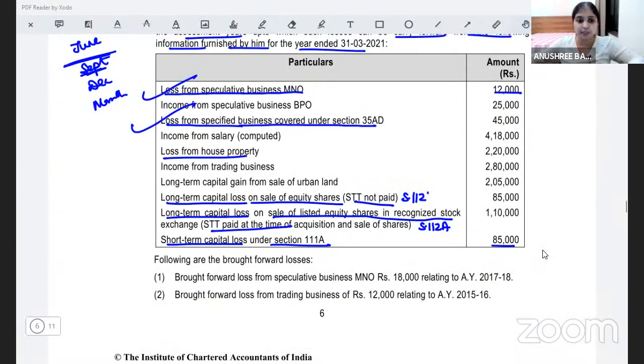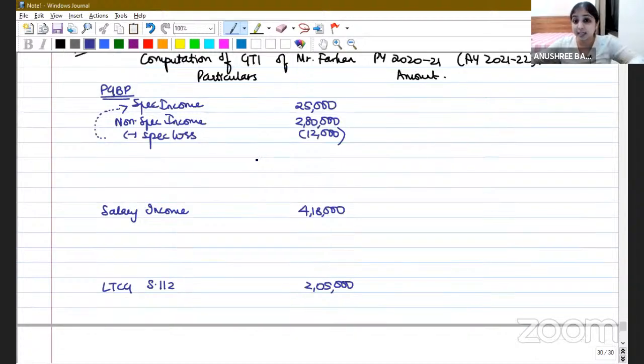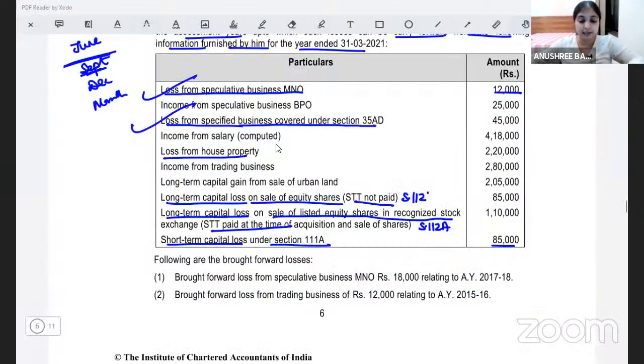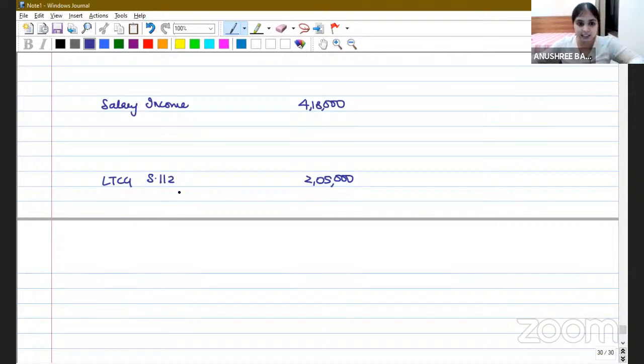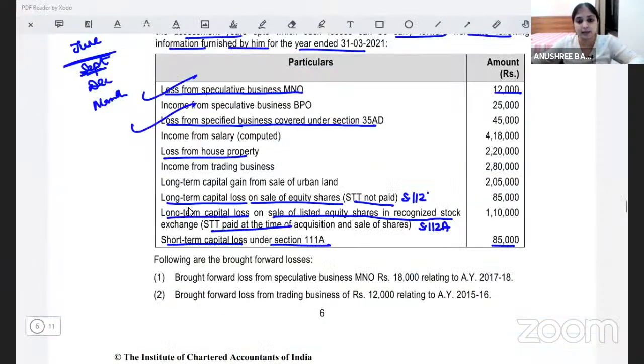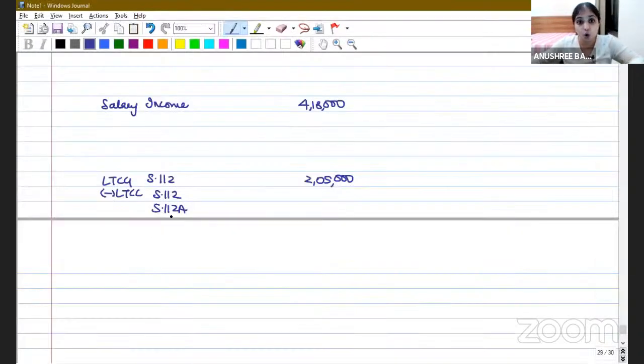Now coming to house property loss. Is intra-head possible? No, because we don't have any house property income. So we'll keep this pending. First, intra-head we will finish. Long-term capital loss, is intra-head possible? Very much. We do have LTCG. So from this we can subtract both our long-term capital losses. Our 112 loss, 85,000, and the 112A loss, 1,10,000. This is a very common doubt students have, whether we can subtract a 112A loss against LTCG income.